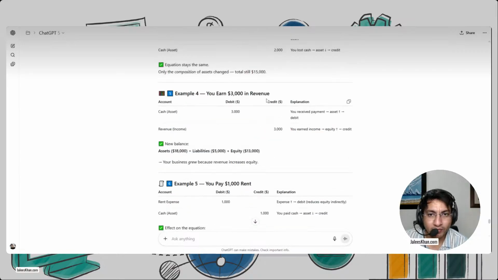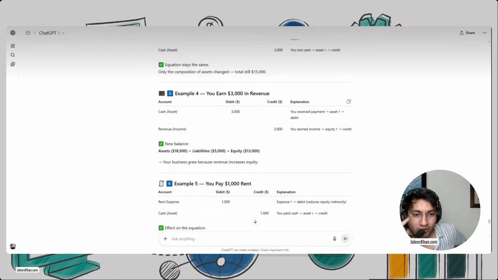Example, you earn revenue. So now the inclusion: something is coming into our business. So how are we going to do this?